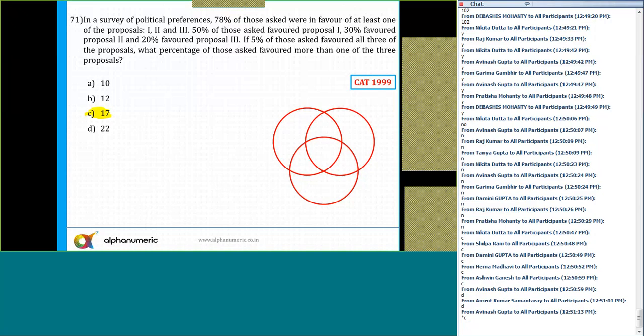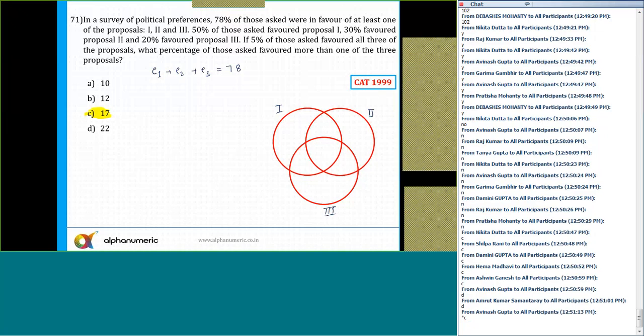So at least one of the proposals means exactly one plus exactly 2 plus exactly 3, and that is equal to 78. So let's say this is proposal 1, this is proposal 2, and this is proposal 3, which means the union of these 3 is 78.